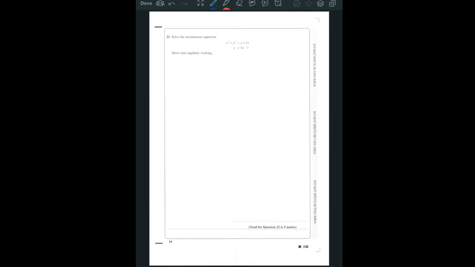Question 22. We have a really horrendous quadratic and linear simultaneous equation. Solve is all we've been told to do. The second one is already y equals. That's good. We wanted that to happen anyway.